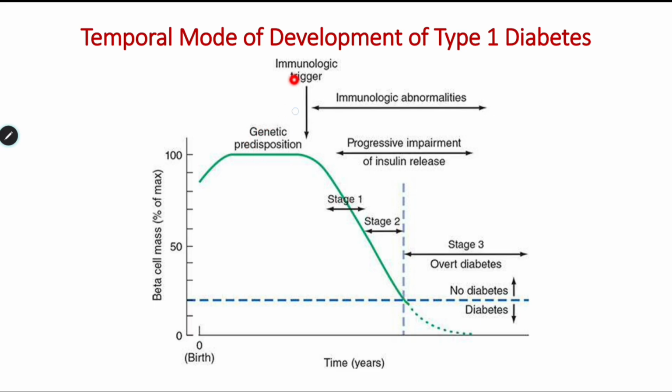When some immunologic or environmental trigger like viral infection or severe stress occurs, the body starts producing antibodies against islet beta cells. Initially, the beta cell mass starts going down, but blood sugar levels are still normal because the remaining beta cells are able to compensate for the decrease in beta cell number and the requirement of insulin.